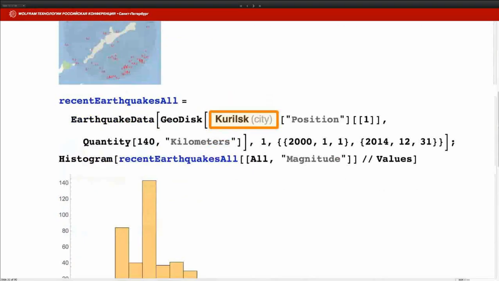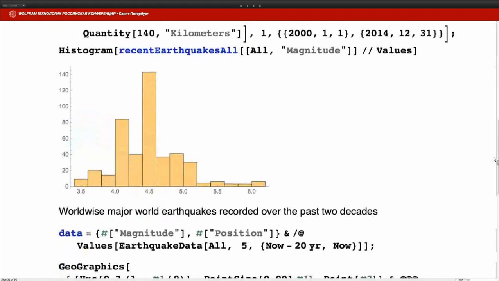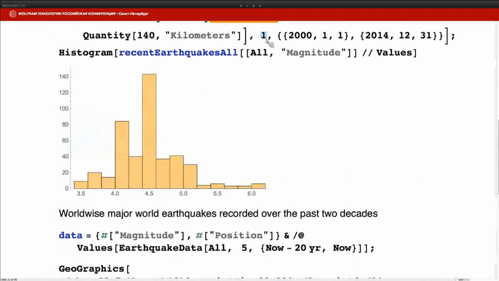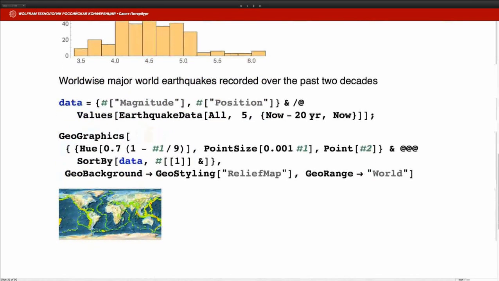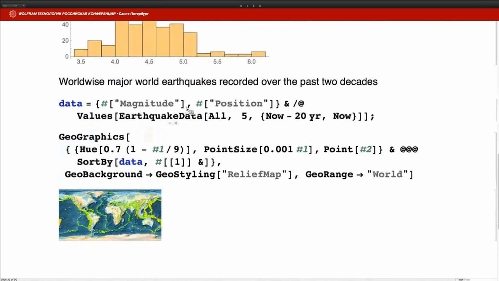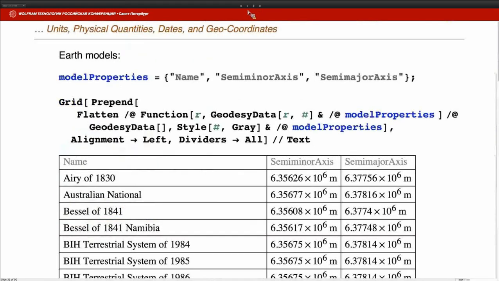And then I can make a map and I see where they all were. I can take even more if I take everything which has at least a magnitude 1, and make a histogram. Or I can even do this worldwide. It will take a couple minutes before all of the data are there.